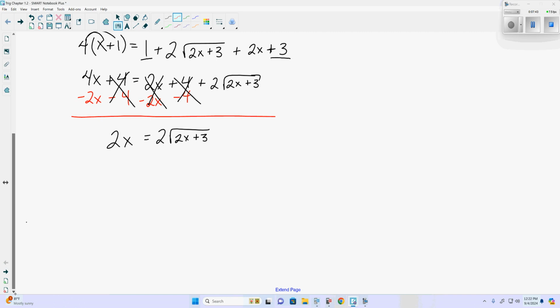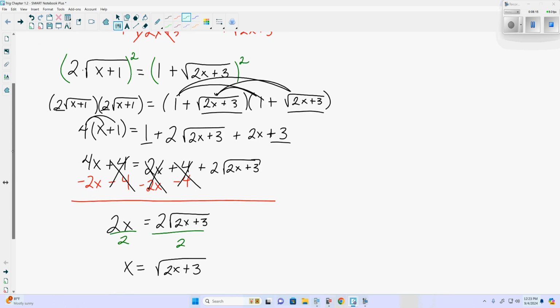So now we have to get rid of that last radical. Now, as we saw already, we can leave it 2 square root of 2x plus 3, and we can square both sides. That works just fine. The other side, 2x, is it divisible by 2? Yeah. So here, if I wanted to, we can divide both sides by 2, telling us x is equal to the square root of 2x plus 3.